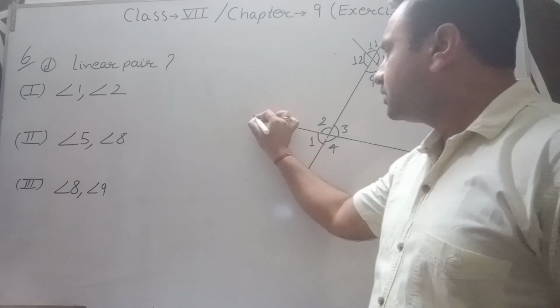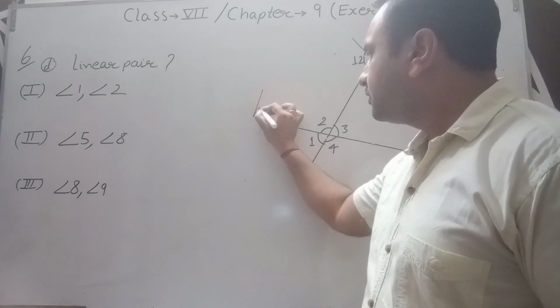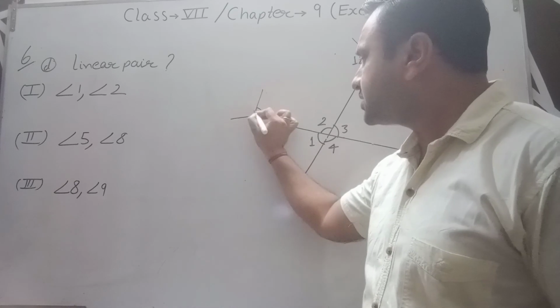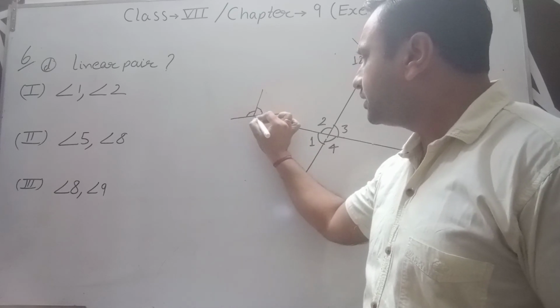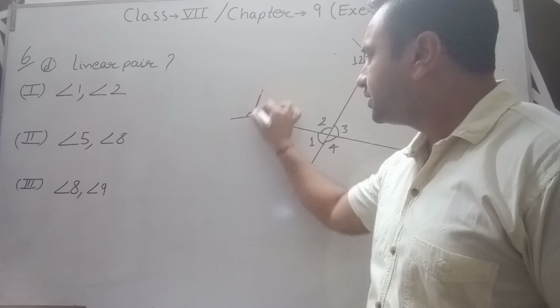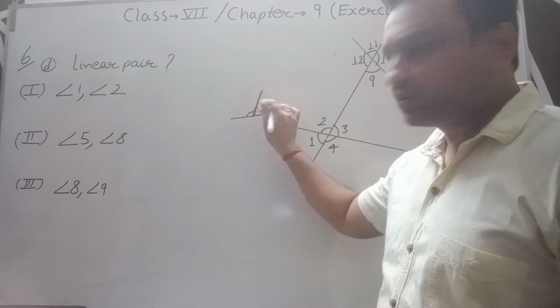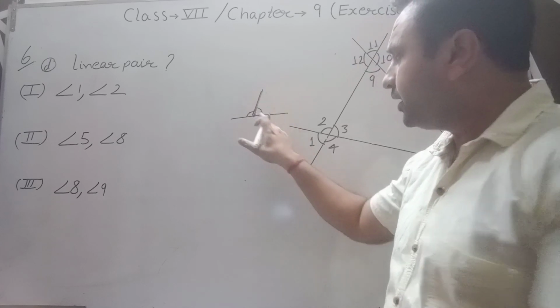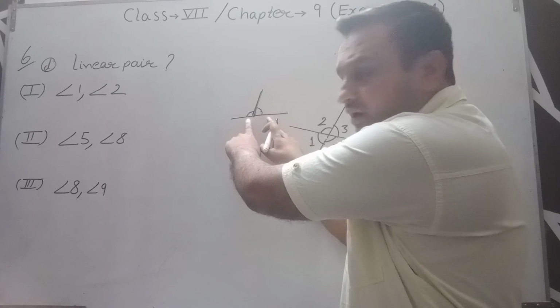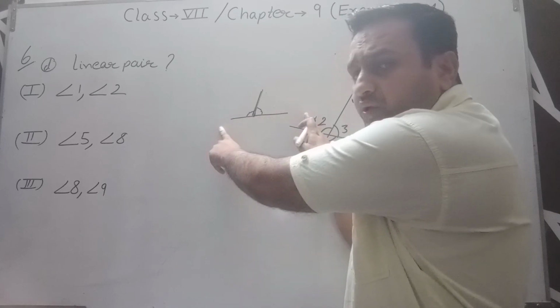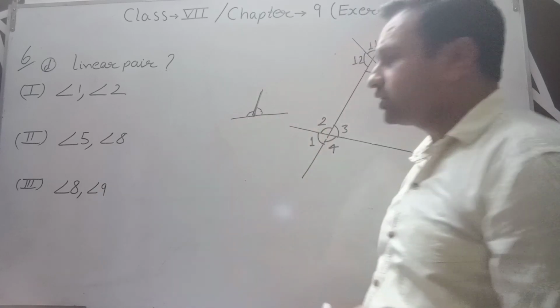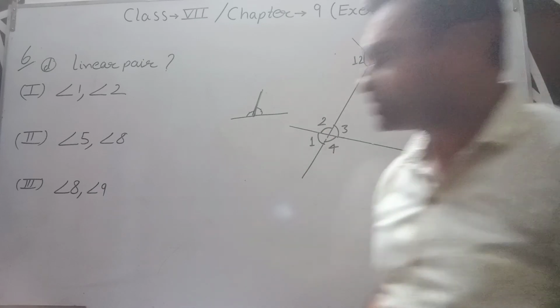It means it's a first angle and it's a second angle, and in both angles there is a common vertex, a common arm, and their non-common arms are exactly opposite to each other. So these angles are called linear pair angles.